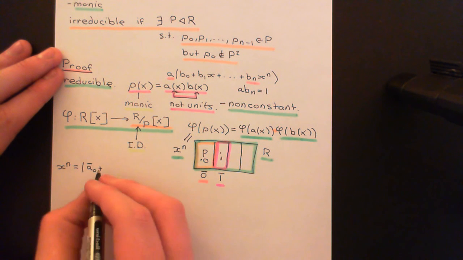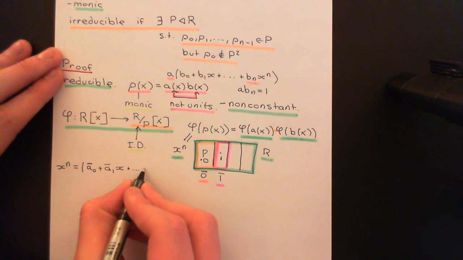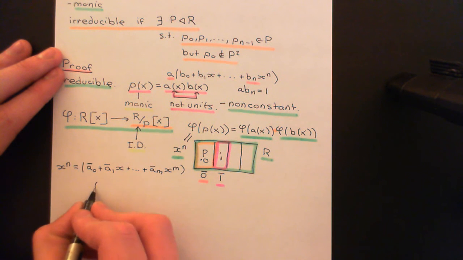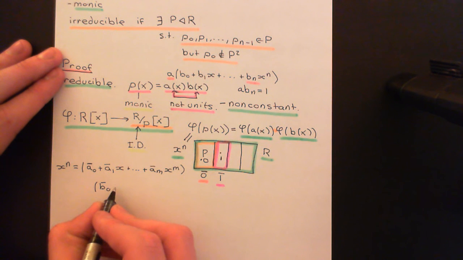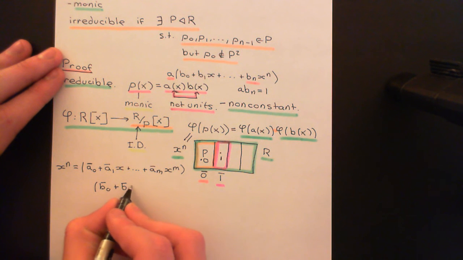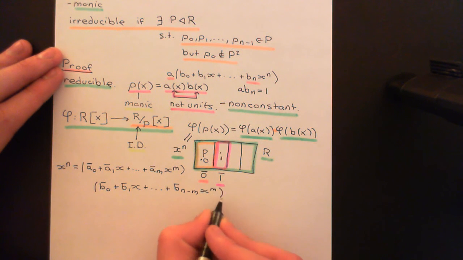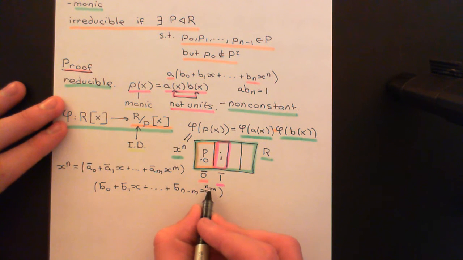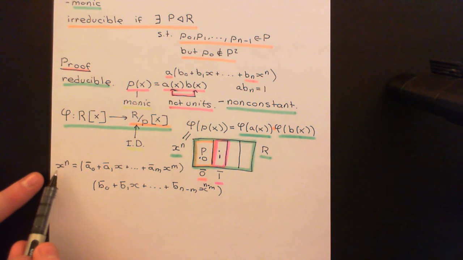So this is the coset that contains a0, a0 bar, then we'll have a1 bar x here, and then it'll go all the way up to, let's say, am bar x to the m, and then it will be multiplied by the polynomial phi of b of x, which will be b0 bar plus b1 bar x plus all the way up to b(n minus m) bar x to the n minus m. So that these two terms here will multiply together to give this x to the n term.